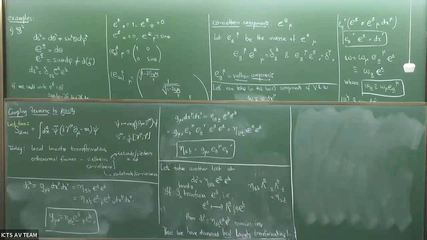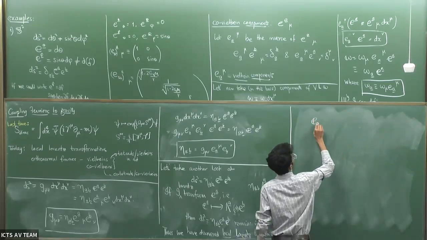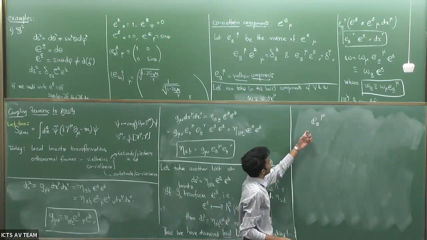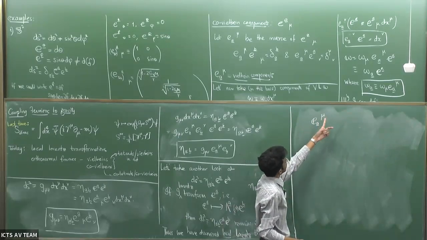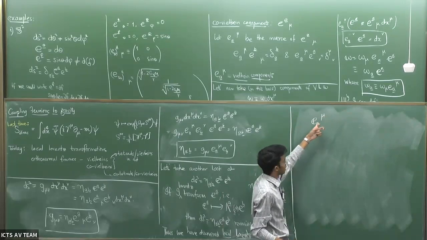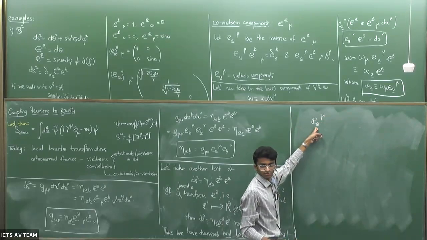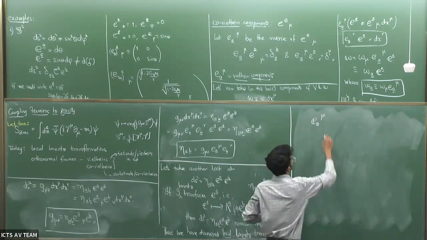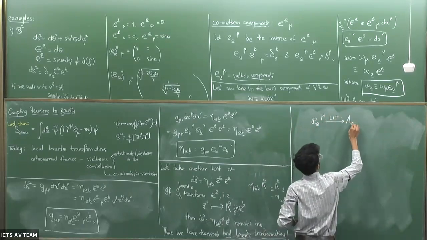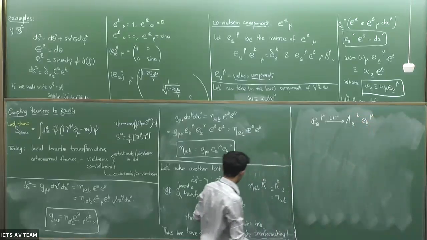So notice another important fact is that E^A_mu, the tetrads, transform as vector components under the mu index and transform as a form under the local Lorentz transformation. Under a local Lorentz transformation, which I will call LLT, E^A_mu transforms as Lambda^A_B E^B_mu.